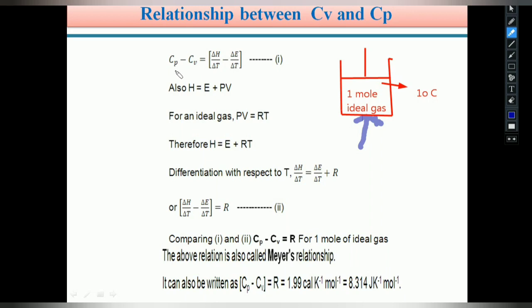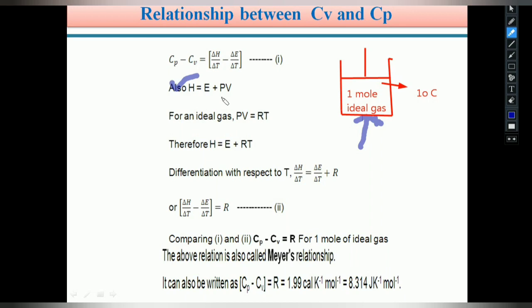Therefore, if you want to find Cp minus Cv, the equation becomes delta H by delta T minus delta E by delta T. You can call this equation 1. Students, you know the definition of enthalpy: H equals E plus PV. Enthalpy is the sum of internal energy and the product of pressure and volume.